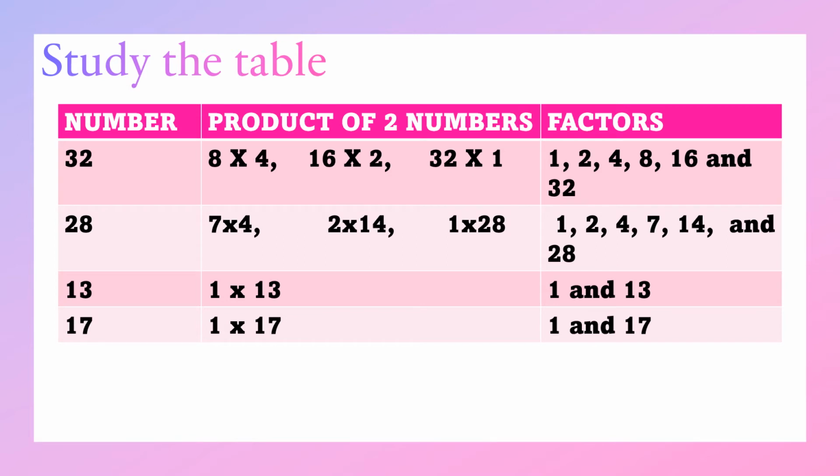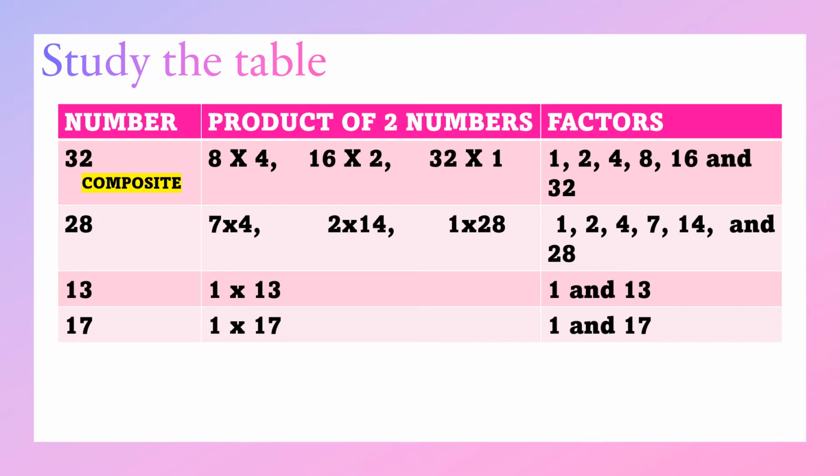Now that you have learned the meaning of factors and examples of factors, let us now identify what kind of number is 32, 28, 13, and 17. If we have more than 2 factors, it is called a composite number. So, 32 is an example of a composite number.